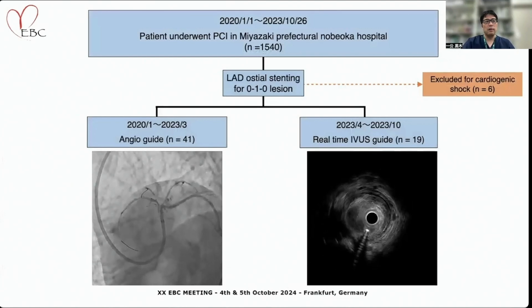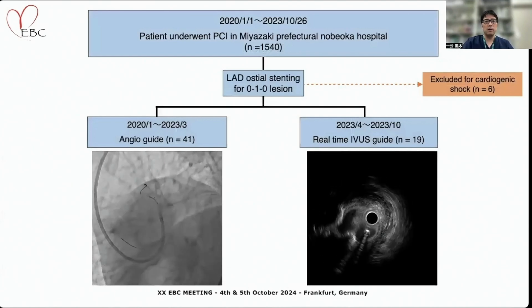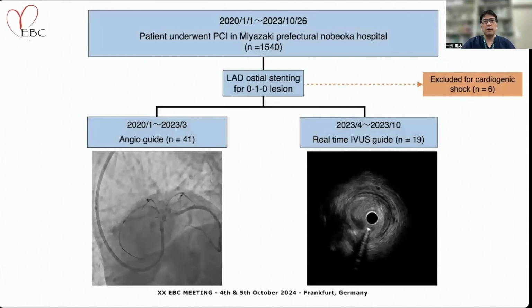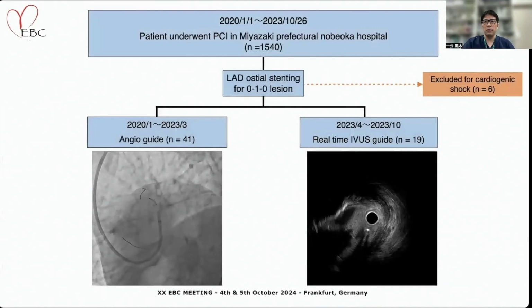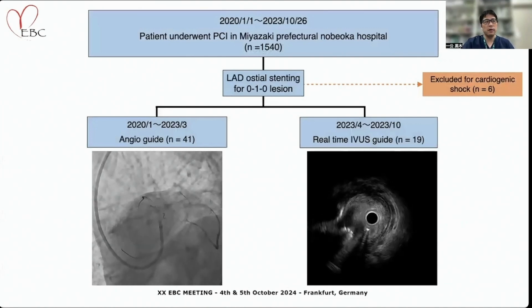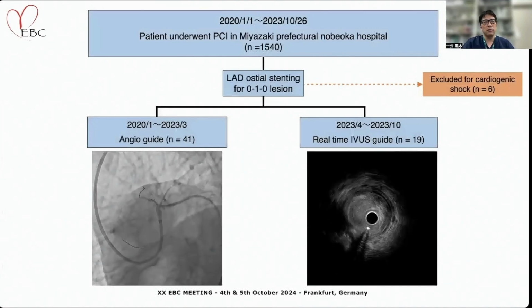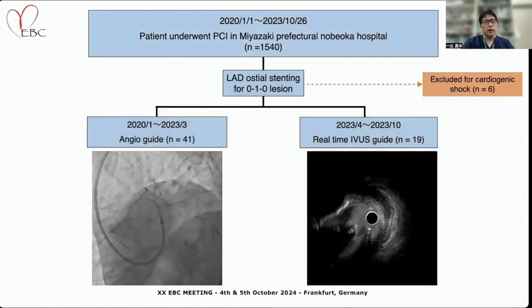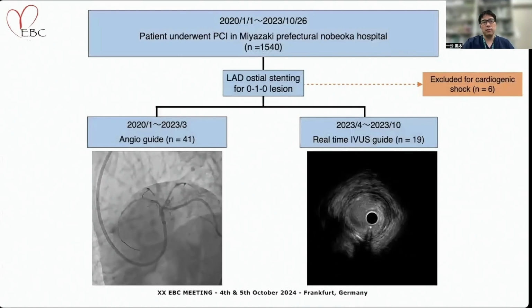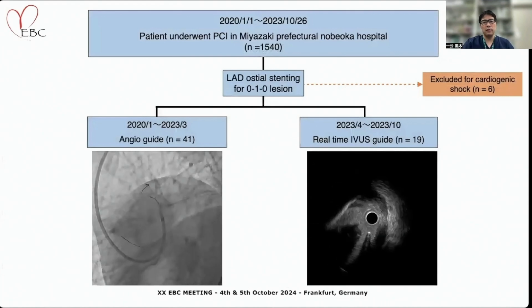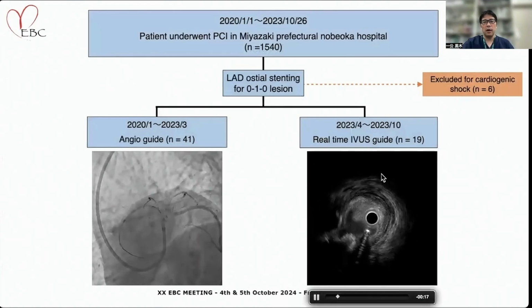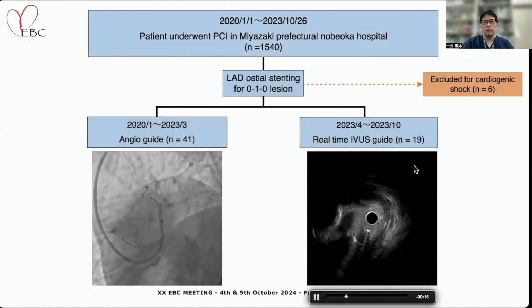So we investigated the feasibility and accuracy of real-time IVUS-guided LAD ostial stenting compared with conventional angiographic guidance. And this is the flow chart of the study. We enrolled 41 and 19 patients who underwent angiography-guided and real-time IVUS-guided LAD ostial stenting, respectively.